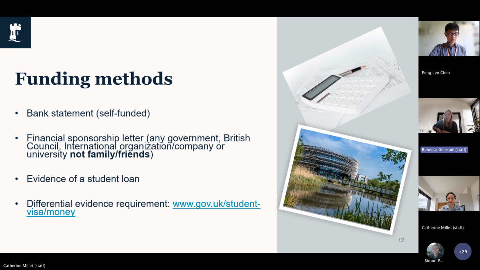If you have official financial sponsorship, you will submit a sponsor letter with your visa application. The university cannot confirm any external funding on your CAS. If you will have a university scholarship, this should be confirmed on your CAS, and so you do not need to submit any kind of confirmation letter with your visa application.